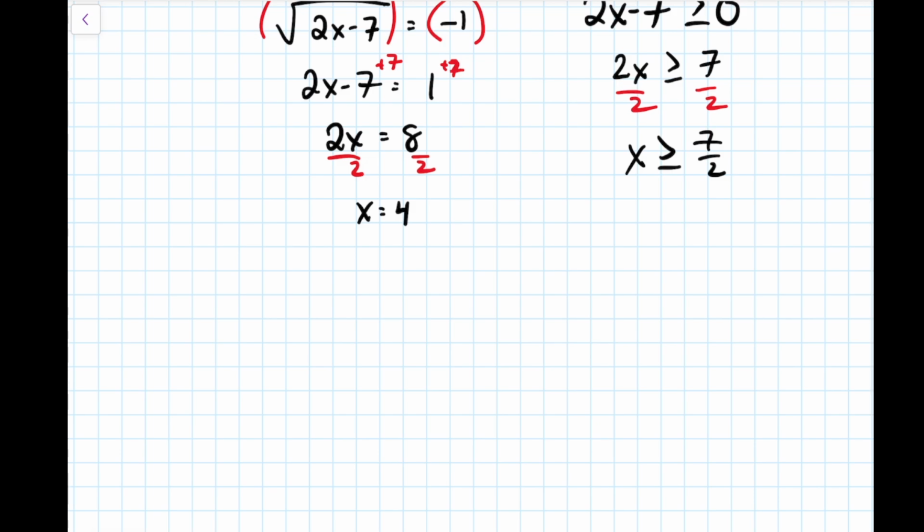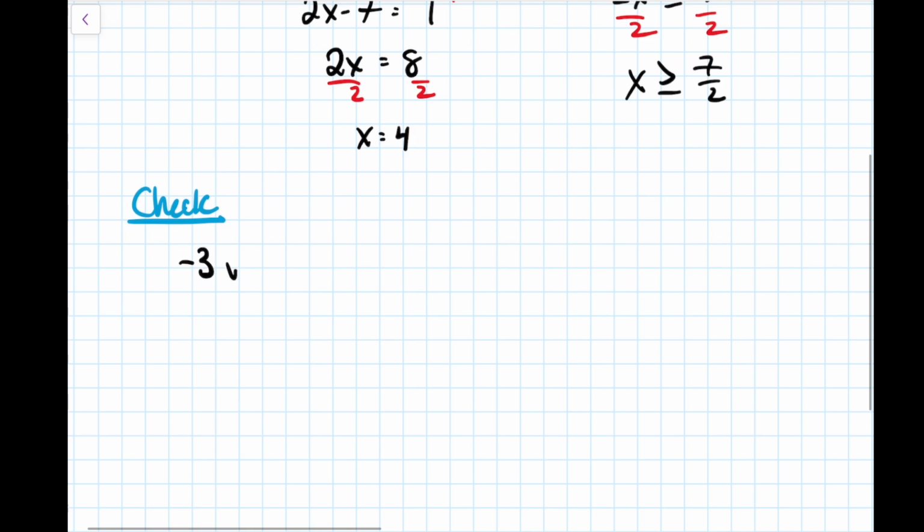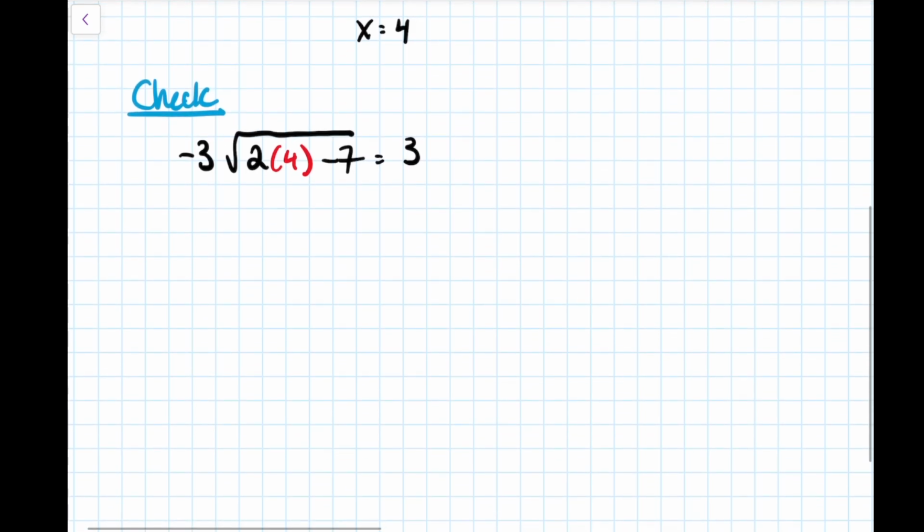And then we need to do our checking. So you got -3 times our root of 2 times 4 minus 7 equals +3. All right. So remember, we're not moving stuff to both sides of this equation. We're not solving. Remember, there is an impenetrable wall here. Nothing gets through.